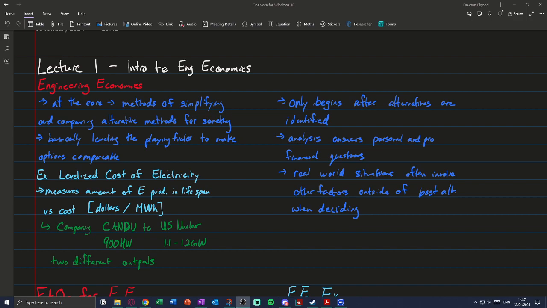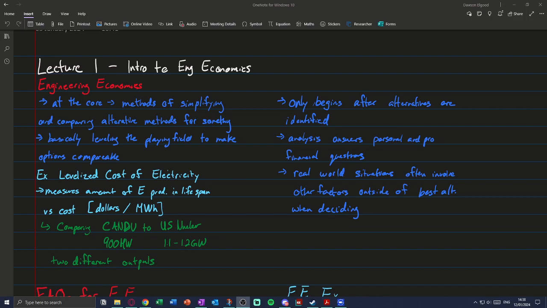Engineering economics only really begins after the alternatives have been identified. You're not coming up with the alternatives; you have a list of alternatives in front of you, and you pick through them to see which ones are best. The analysis answers personal, professional, and financial questions, so it can be done at different levels: personal, professional, and financial.